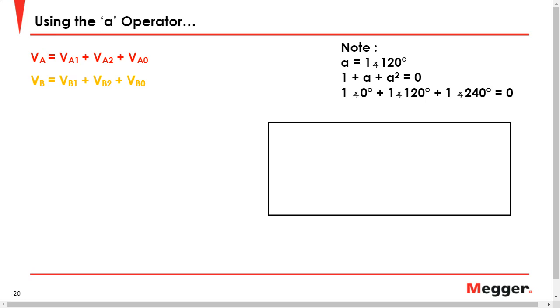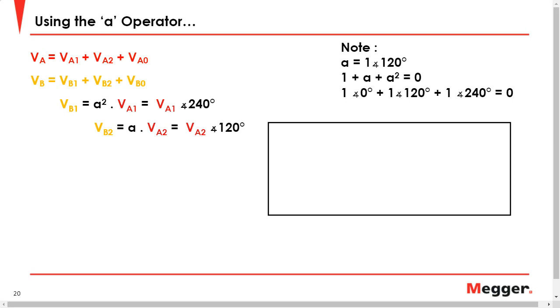So when we drop down to VB and we look at VB1, using that A operator, we're going to go A squared times VA1, which is basically 1 angle 240 times VA1, so VB1 equals VA1 angle 240.